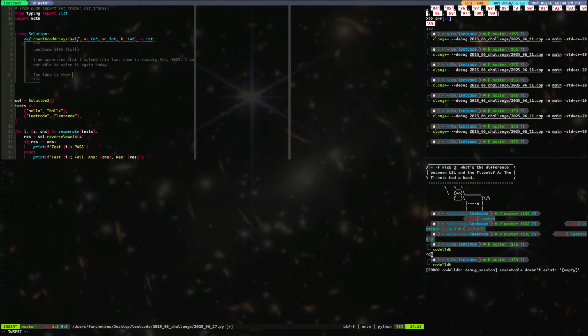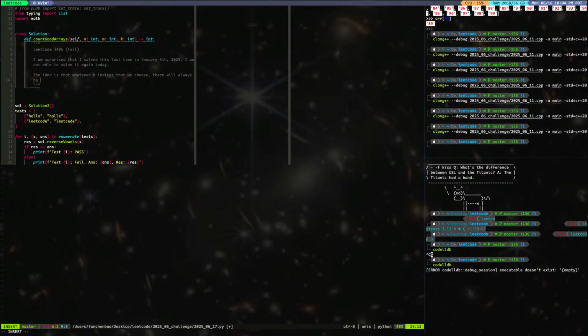okay, whatever k indices that we choose, there will always be n minus k number of independent entities.